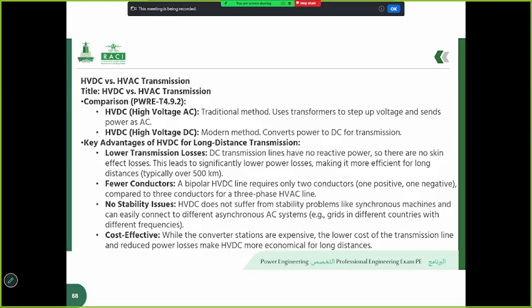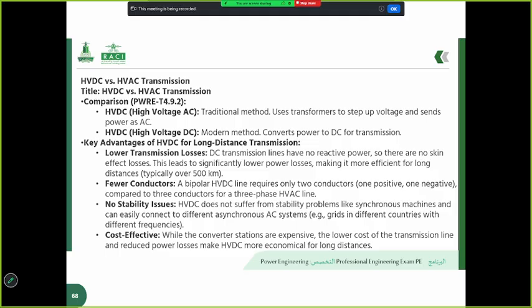This makes HVDC far more efficient for transmitting power over very long distances. Another advantage is fewer conductors. A bipolar HVDC line requires only two conductors, one positive and one negative, compared to the three conductors needed for three-phase HVAC lines. This reduces the cost of the line and the size of the towers.